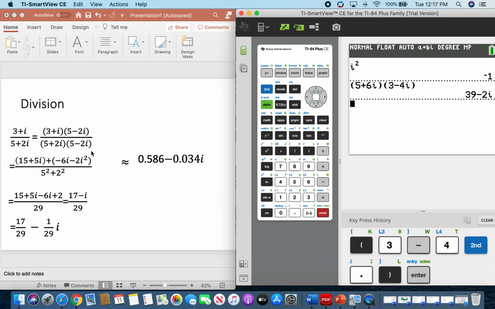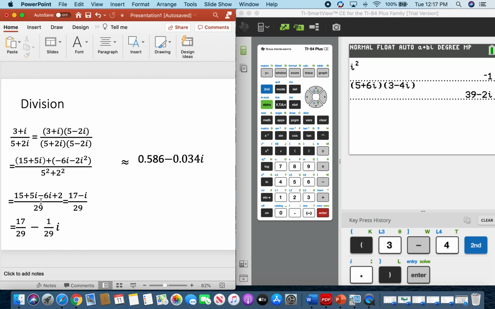And we also have learned that when you multiply conjugates, you can simply take the sum of the squares of the real numbers involved, and that would be 5 squared plus 2 squared. So when you simplify this, you would be able to get this, and it's equivalent to 17 minus i divided by 29.